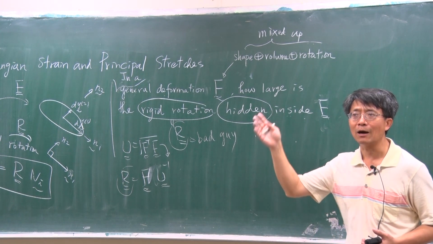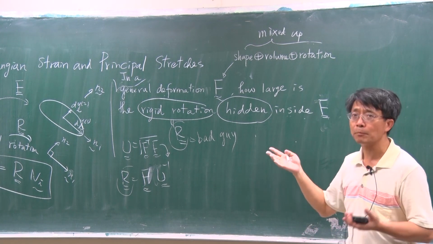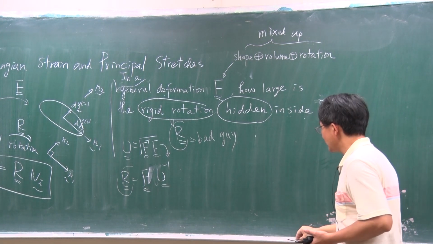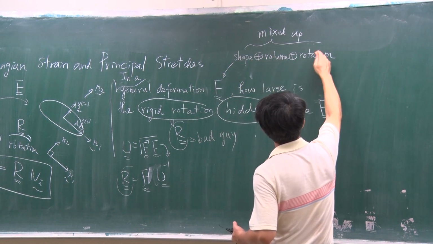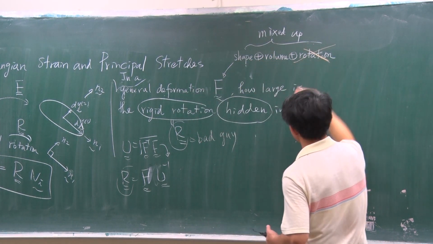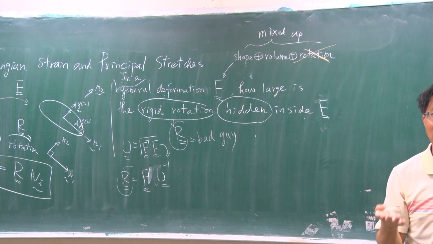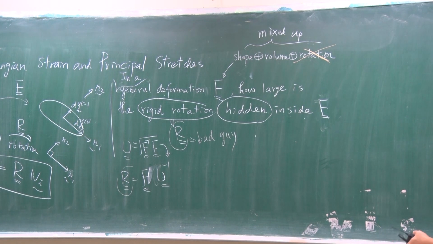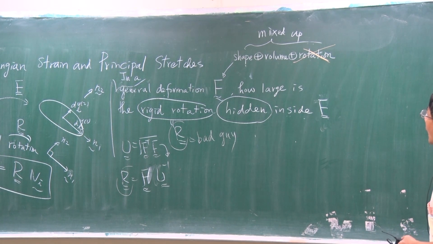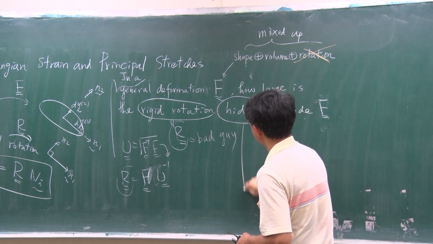And then what remains will be the pure deformation. We have shape change, volume change and rotation. We want to cancel the rotation part out, and then we get the real measure of deformation. This is the main idea. How to do it? It's easy.